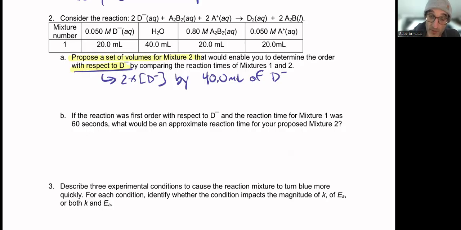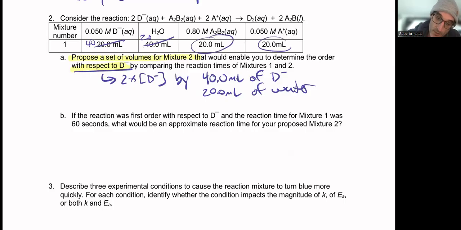And water is not involved in the reaction. So we reduce to 20 mils of water, and everything else is going to remain the same. So D minus goes to 40, the water goes to 20. These two remain constant. We still have the same total volume, but because we've doubled the volume of D minus, we're going to have twice as much D minus, and that is going to allow us to prepare those two things.